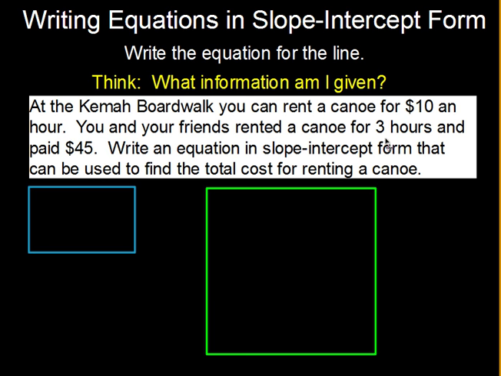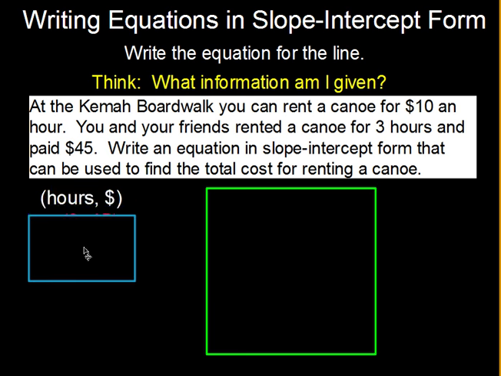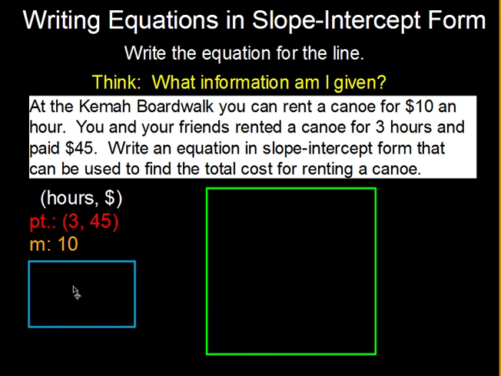And then we have 3 hours for $45. The $45 depends on the number of hours, in this case 3, so that means that 3 represents x and 45 represents y, because the money is dependent on the hours. So we can set up a point using the 3 and the 45, and we know that the slope is 10.